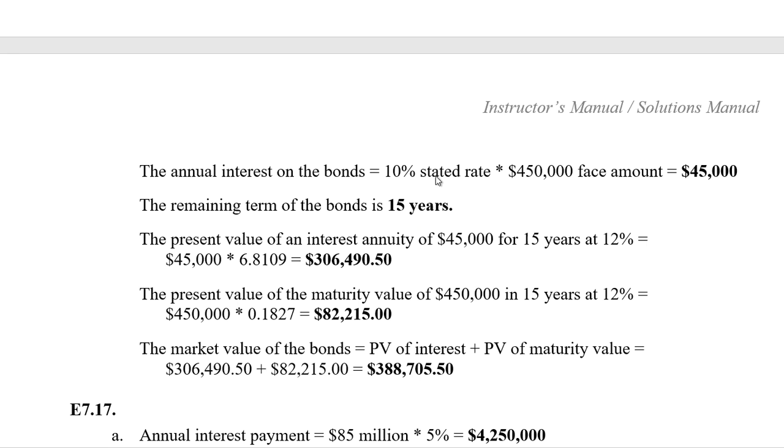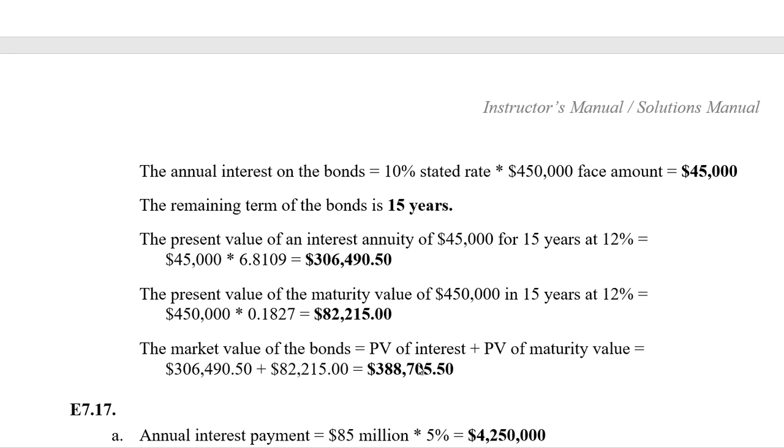Now watch: stated rate to find the annuity, market rate to go to the tables. Using the full 12%, we find this factor and get the present value of all of the annuities. That's the amount of interest paid per year. And then the present value of the maturity of those bonds over 15 years is going to be 82,215 after you go to table 6.4 and get this factor based on 15 periods at 12%.